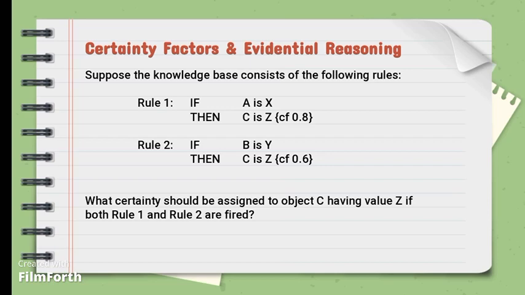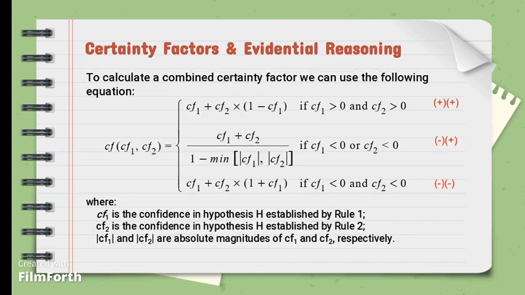If we have two pieces of evidence, A is X and B is Y, from different sources, which are rule number 1 and 2, supporting the same hypothesis, then the confidence in this hypothesis should increase and become stronger than if only one piece of evidence has been obtained. To calculate a combined certainty factor, we can use the following equation.